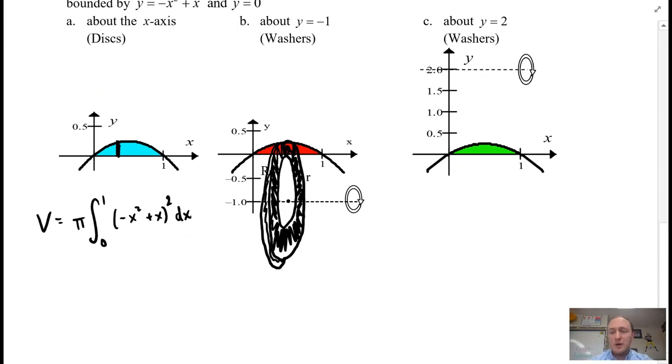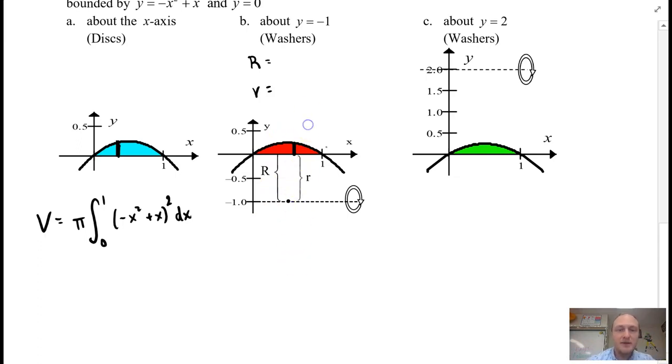For these problems, what I suggest is figure out, first of all, what is your big R, and then what is your little r. So in this case, big R, now I'm going to have to erase my beautiful drawing.